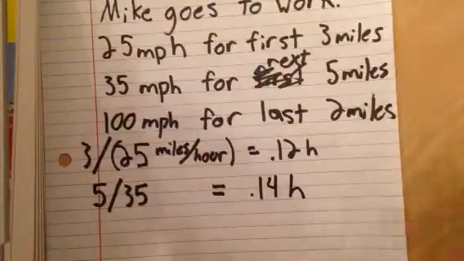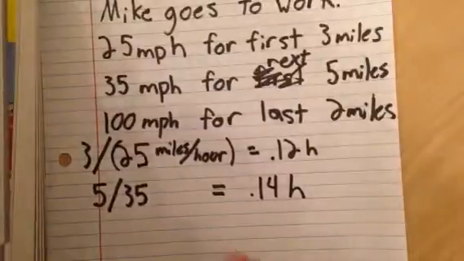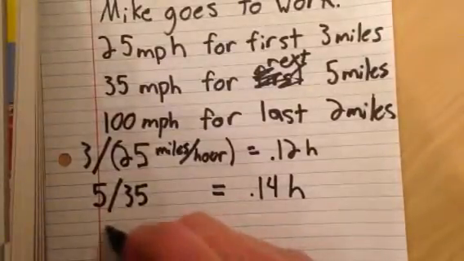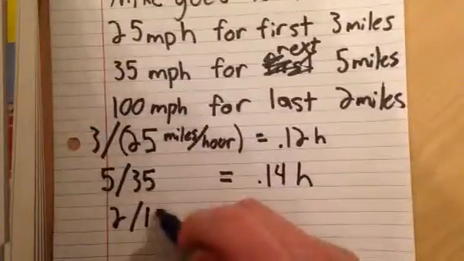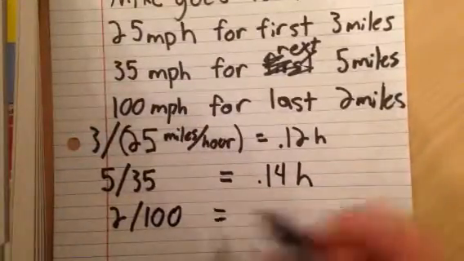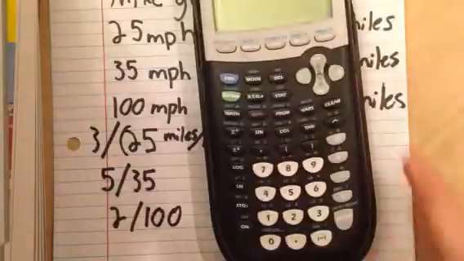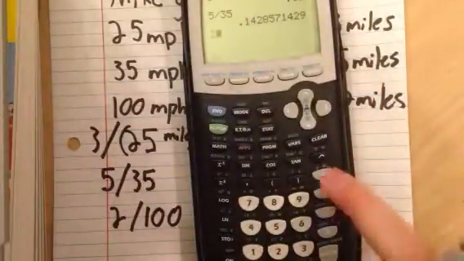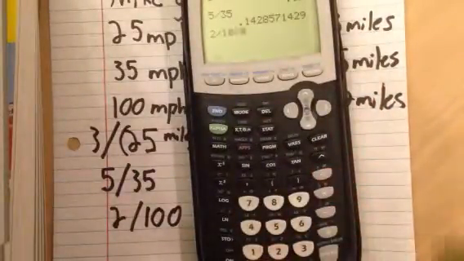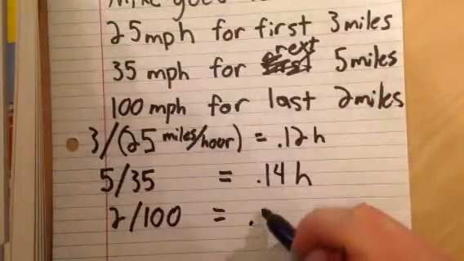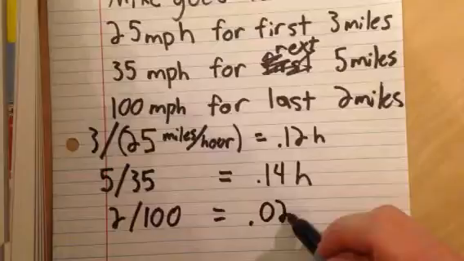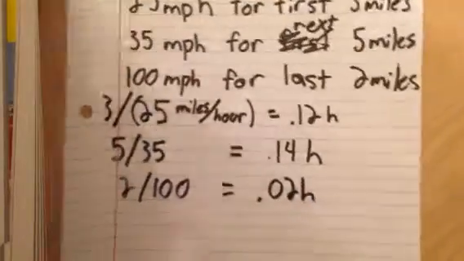And then lastly, he goes 100 miles an hour for the last 2 miles. So we'll take 2 miles divided by 100. On the calculator, 2 divided by 100 will give us 0.02. Very short time at that speed. This is all in terms of hours.